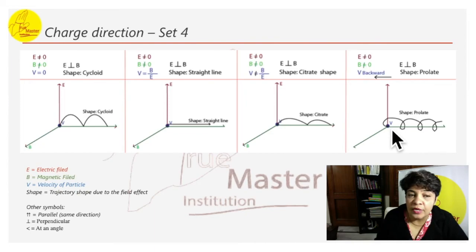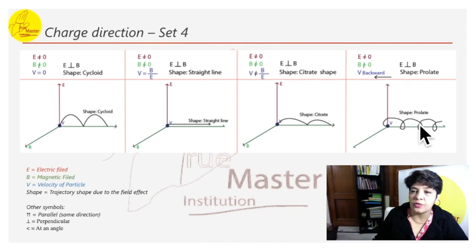So a prolate will be formed. It goes back and then follows the shape like this. First it's backward, then it comes forward. From the x-axis, the helix goes downwards and returns back. In other words, we can say an ellipse is rotated about its major axis. See, it's going down, the major axis is being rotated. Okay.